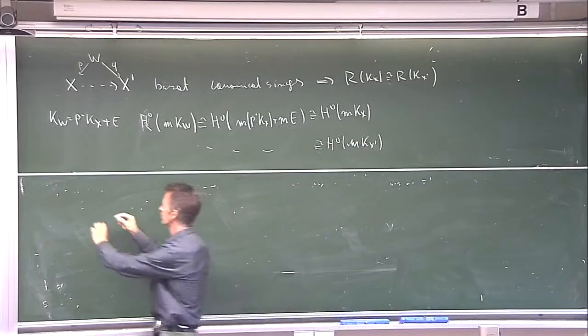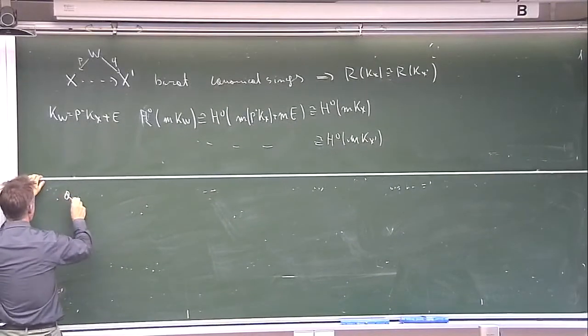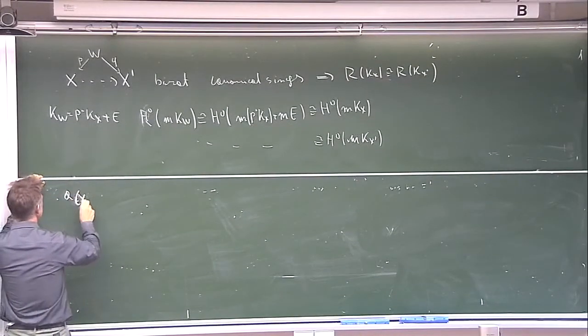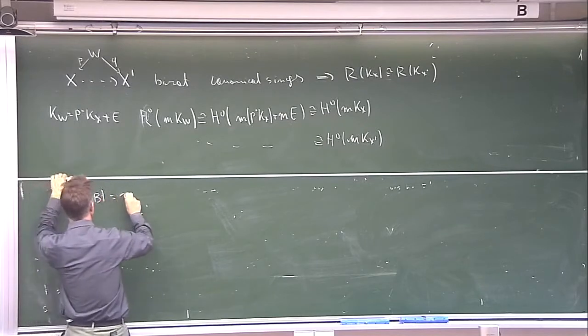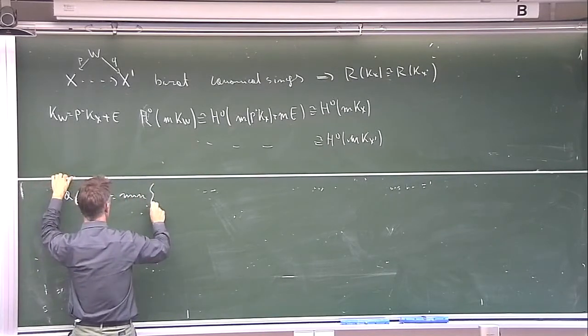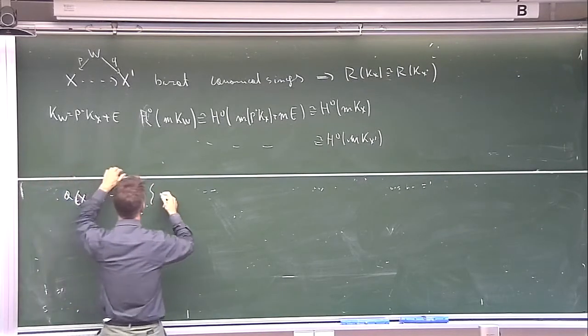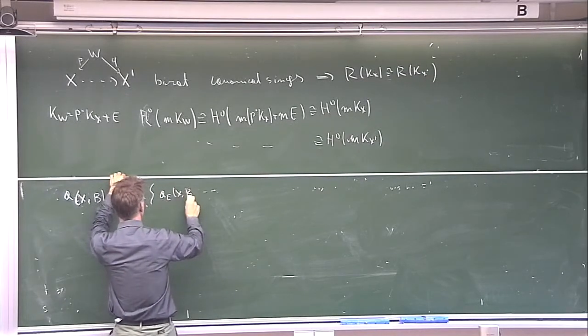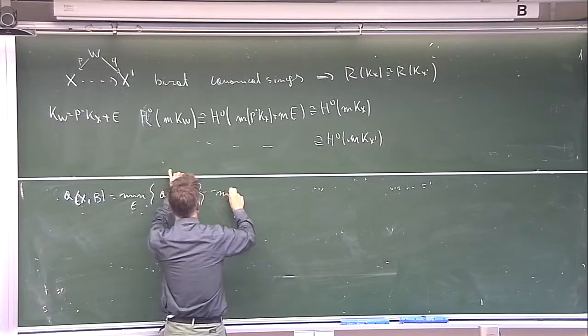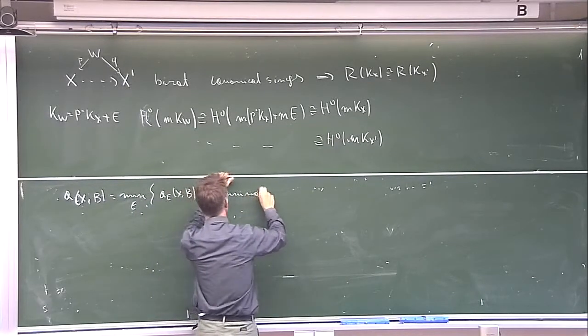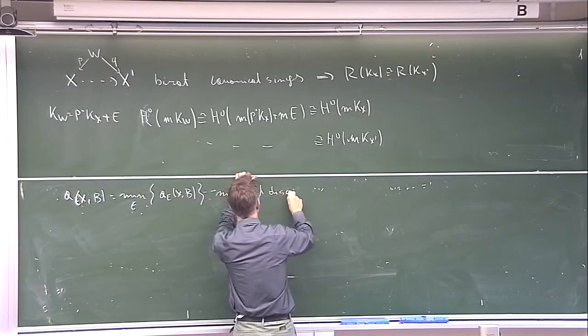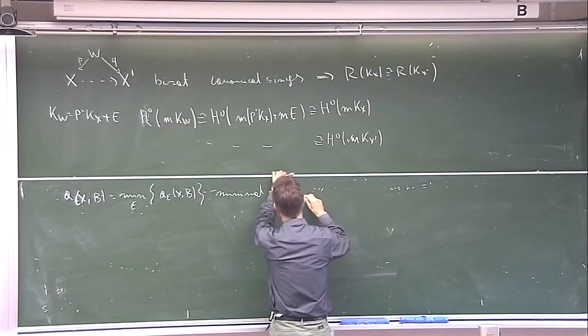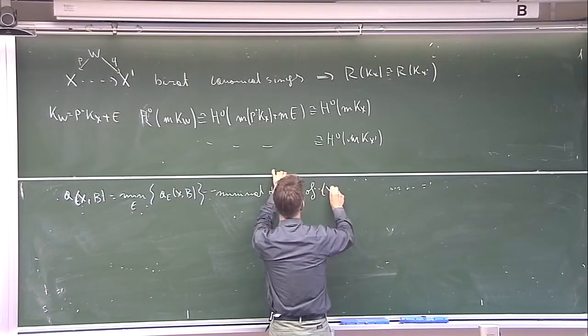So we think of these numbers a(X,B), which is just the minimum over all E divisors over X of the corresponding discrepancy. This is the minimal discrepancy of the pair (X,B).